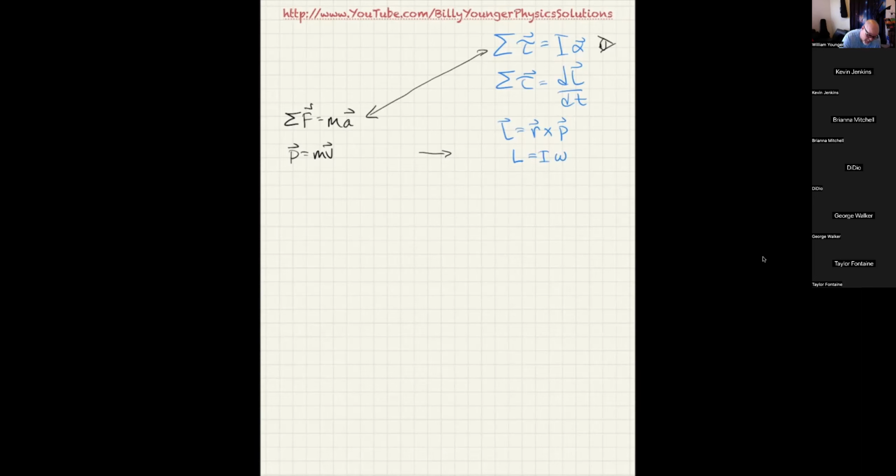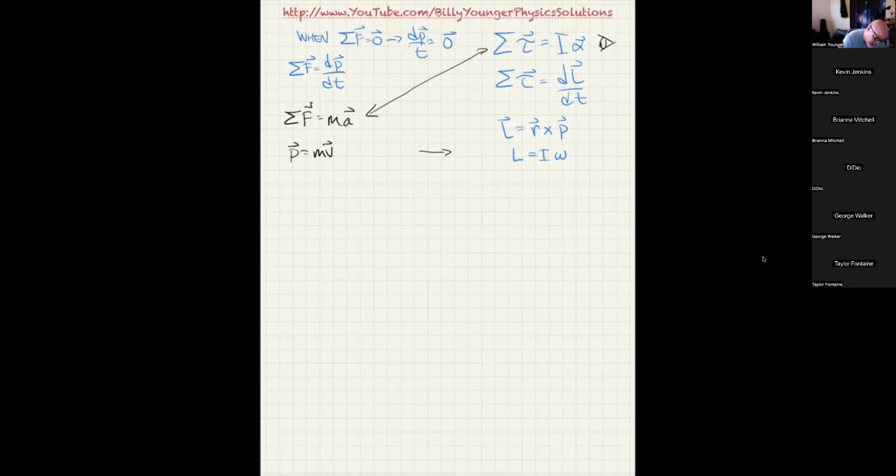In fact, remember when we used the summation of the forces is equal to dP/dt. That was the version of Newton's second law that Newton actually gave us. We found that when the summation of forces is equal to 0, then dP/dt is equal to 0, which basically told us that P had to be a constant.